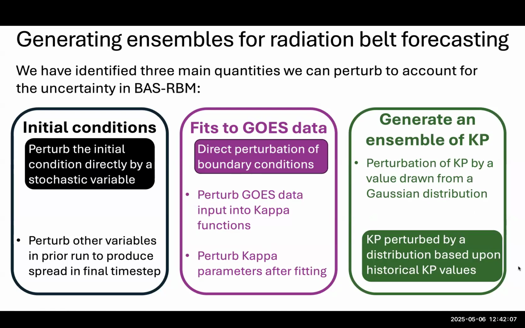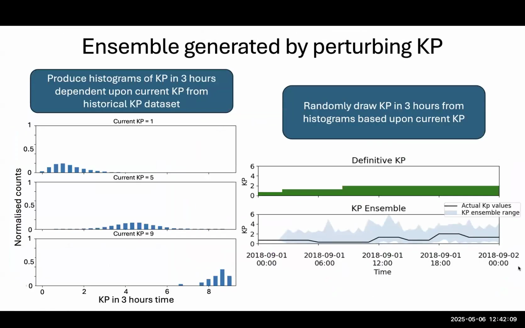The way I'm doing that is by taking, for each KP value, what the KP is in 3 hours' time. Then I can make up histograms or probability distributions for KP in 3 hours' time based upon what the current KP is. So for KP equals 1, for example, this was the distribution histogram I got out.